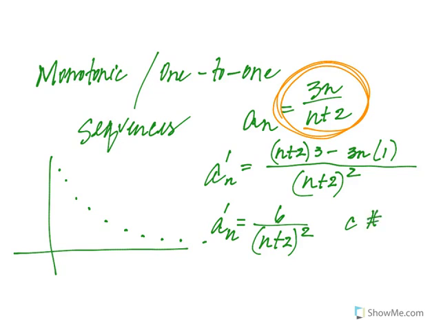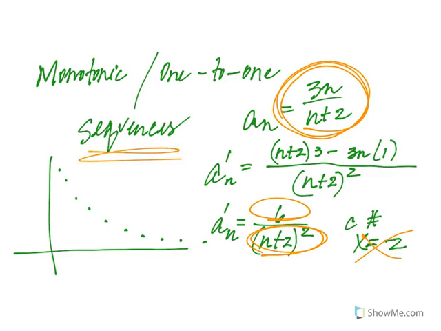And what you'll notice here is I've got a critical number at x is equal to negative 2. Now, critical numbers come from the numerator and denominator of the first derivative. No critical numbers coming from the 6 here, but I definitely have negative 2 coming from the denominator. But I can throw this out because critical numbers have to be positive in terms of sequences.